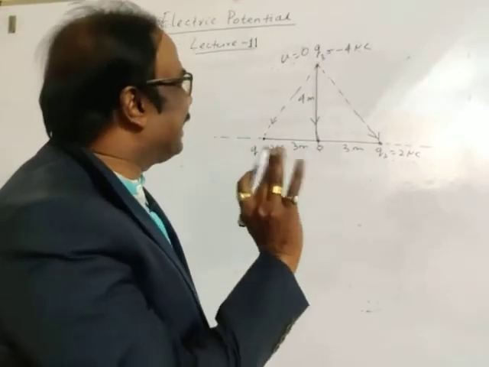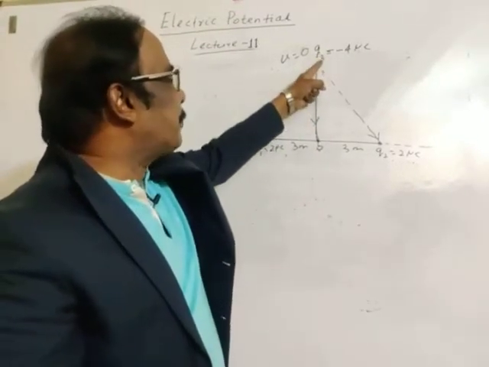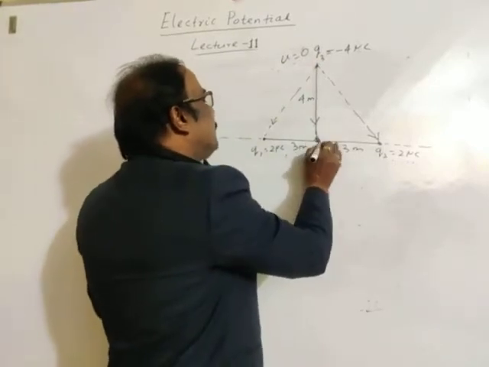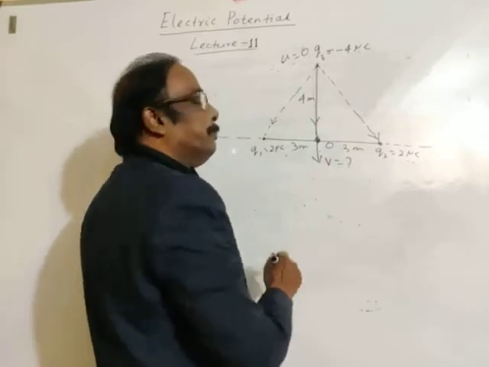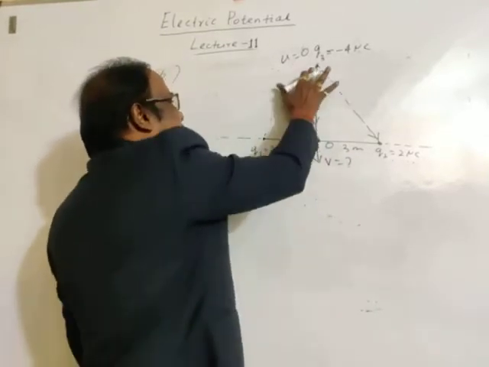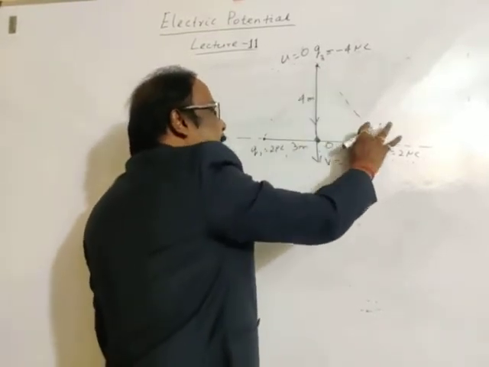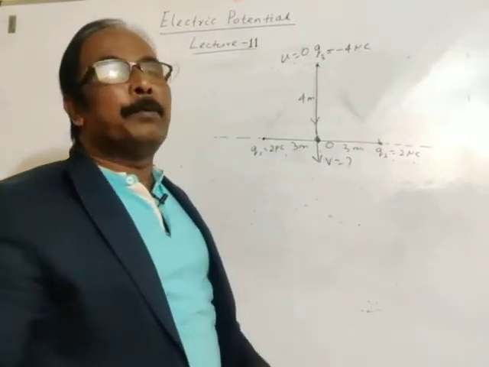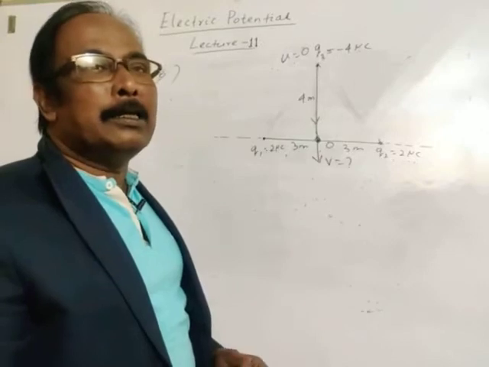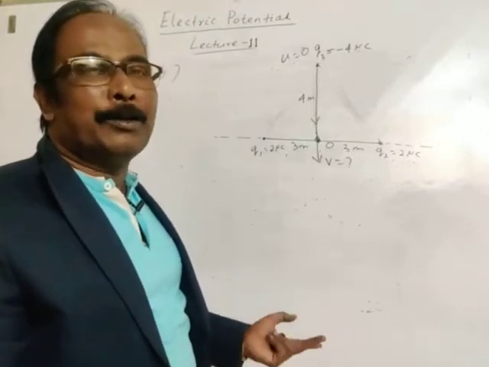So the question is like this: if it is released from rest, what will be its velocity when it reaches the origin? No need to go into this concept now. We are doing our question on the basis of work being the change in potential energy or change in kinetic energy or change in both.